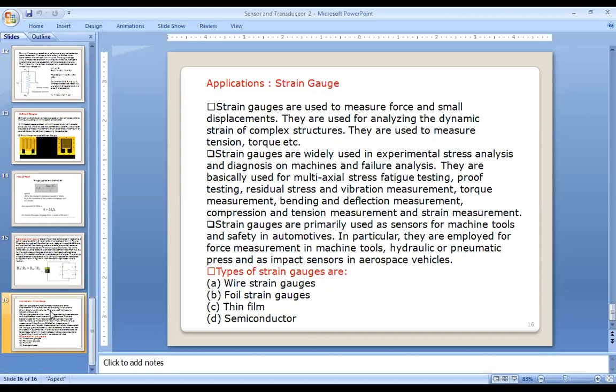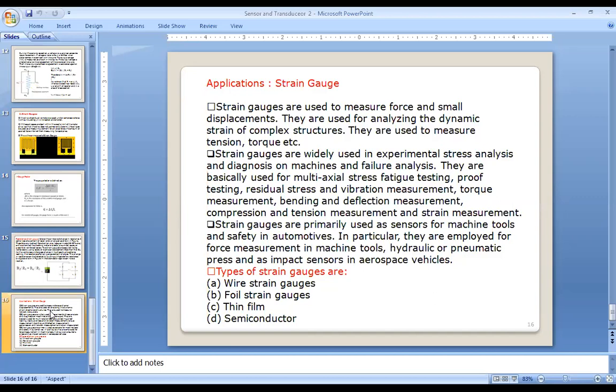Strain gauge is widely used in experimental stress analysis in the mechanical field, diagnosis on machines and failure analysis. They are basically used for multi-axial stress, fatigue testing, proof testing, residual stress, vibrational measurement, torque application, bending and deflection measurement. So different types of mechanical parameter measurement.